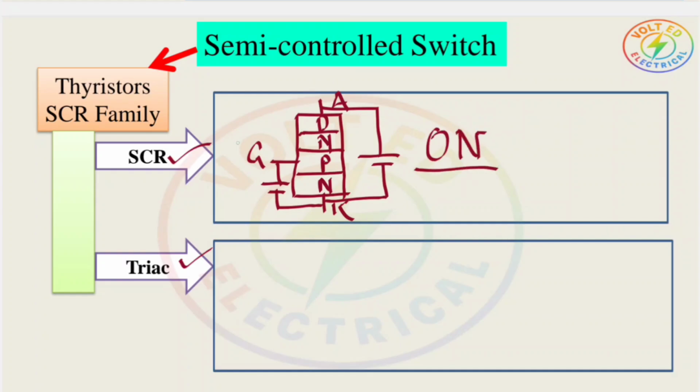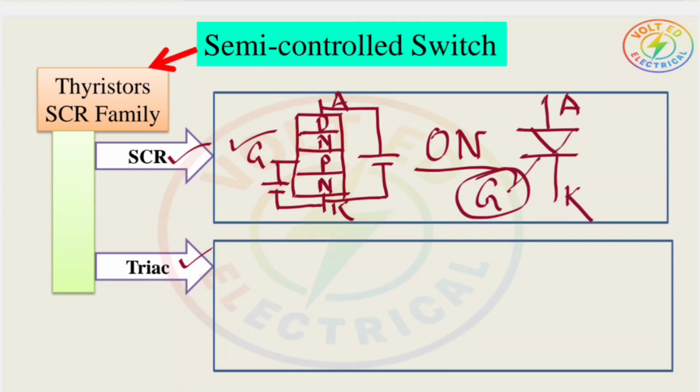The symbol looks like this, with anode, cathode and gate. By using this gate terminal we can turn on this SCR. But it is not possible to turn it off by removing this gate pulse. So that's why SCR is called a semi-controlled device, a semi-controlled switch.